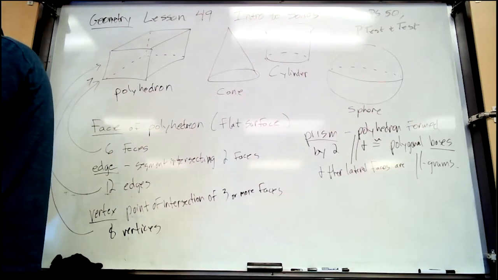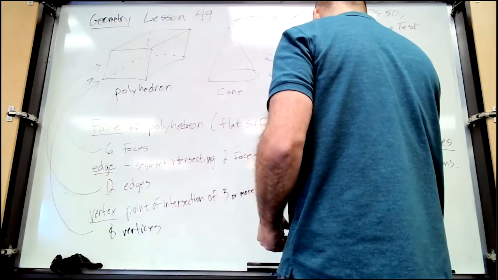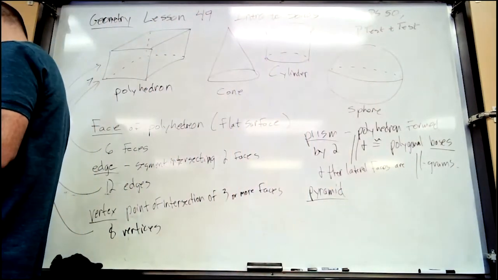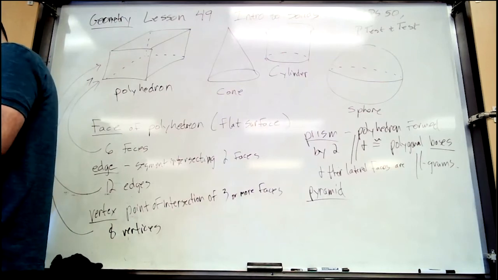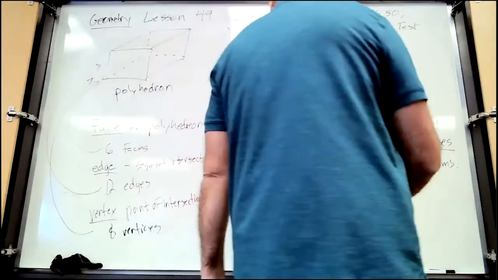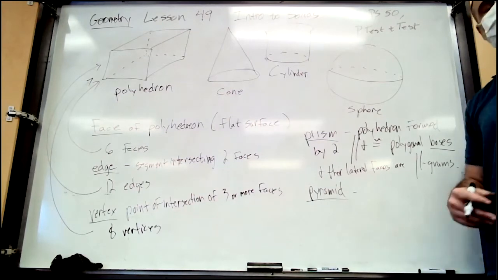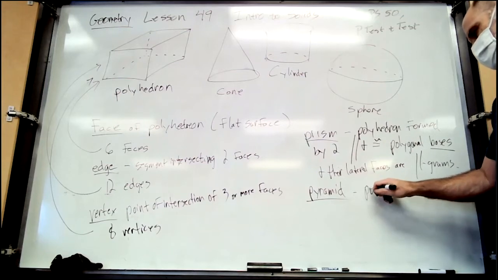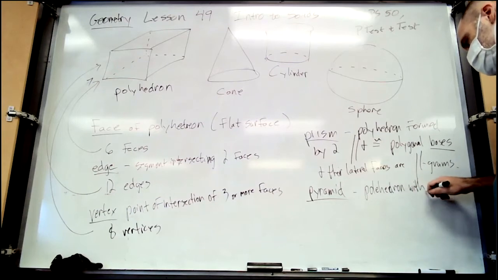So a pyramid, this is another polyhedron, as opposed to a cone. A pyramid is a polyhedron formed by a polygonal base and triangular lateral faces that meet at a common vertex. Okay, so it can be any base. It doesn't have to be a triangle, but the faces of a pyramid are always triangles. So a polyhedron with a polygonal base.